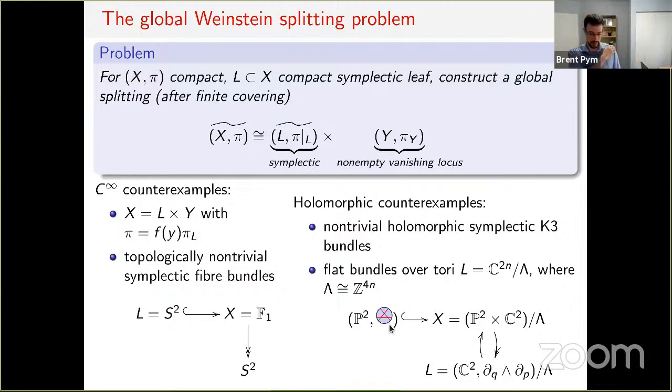That's a holomorphic Poisson surface, and I can act by the lattice on this surface just by toric automorphisms of this toric surface. And so I can form a suspension, if you like, a twisted product, where I take P2 cross C2 and I mod out the diagonal action of this lattice.